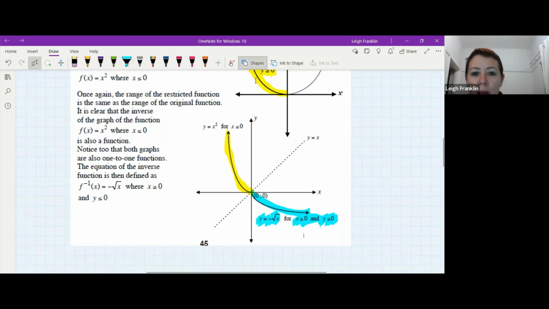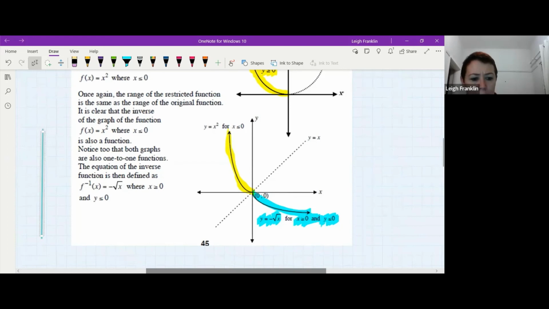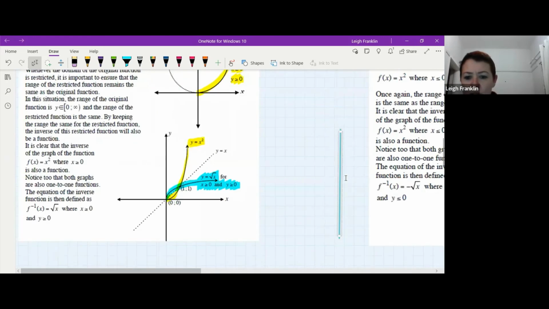Okay, so now if I do that, it doesn't matter that I've got that color, can you see it's now passing my vertical line test, right? Or if I took it over to this one over here, you can see that it is now passing my vertical line test. So it passes the vertical line test, so that means that it is a function.